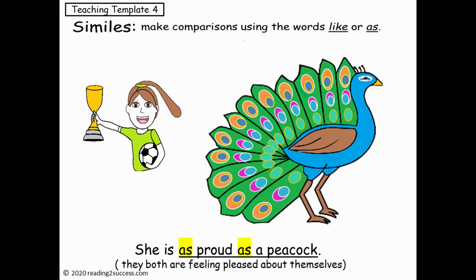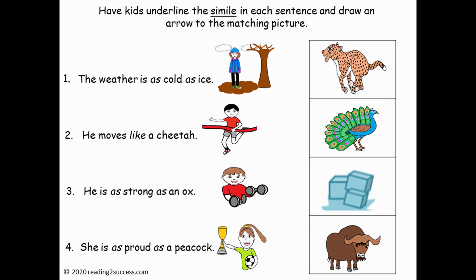Talk about how the word as is used to compare she and the proud peacock, meaning they both are feeling pleased about themselves. Now have kids underline the simile in each sentence and draw an arrow to the matching picture.